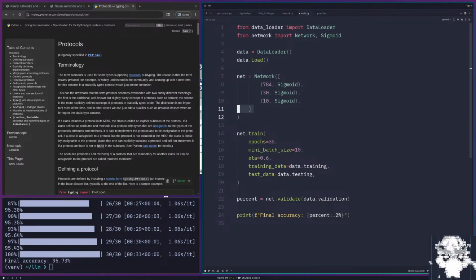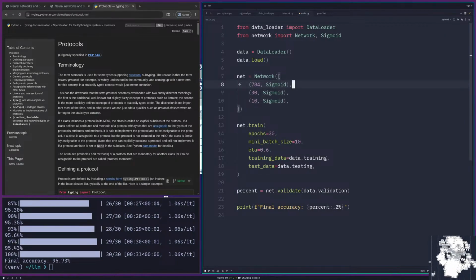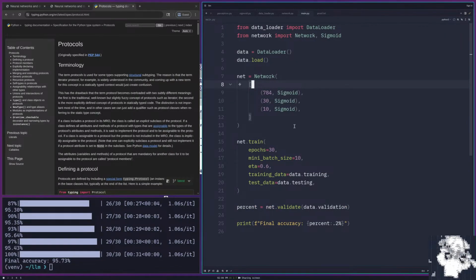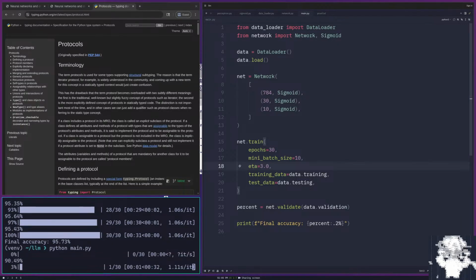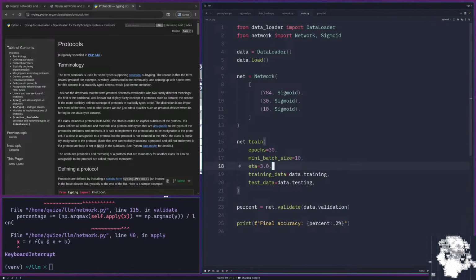Can I not join these two together? No. Okay. Does this work? So if I do eta equals 3.0, now it should do the thing where it starts around 90 and then goes to 95. Okay, that looks like it's working.